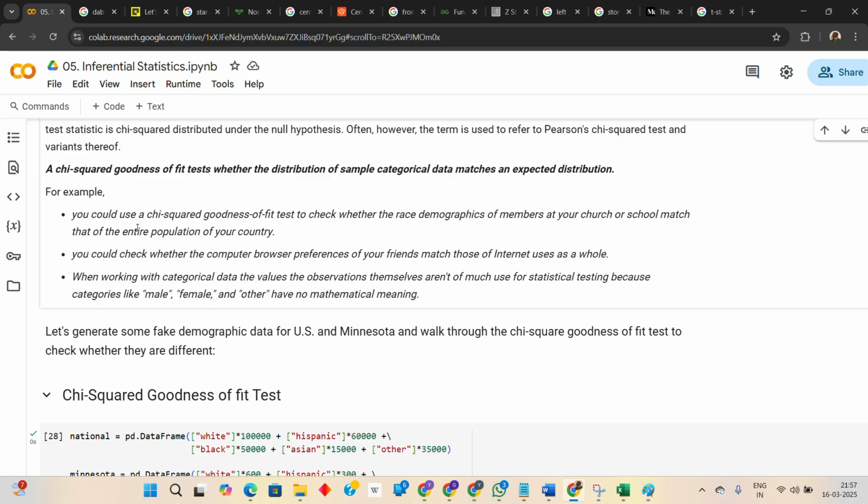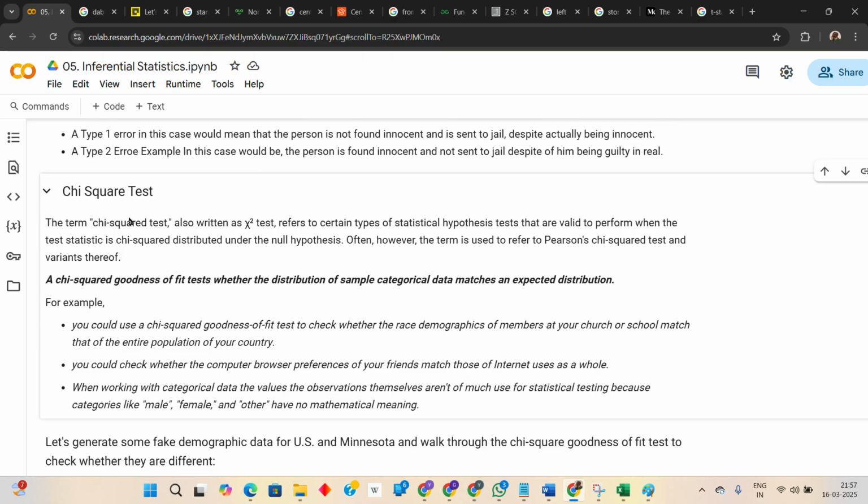For example, it applies to Wi-Fi broadband connectivity. If your broadband is good at your home, you can estimate that in your entire city the broadband is really good. So, as I already told you, the sample size we estimate applies to the entire population. The chi-square test is one such functionality.